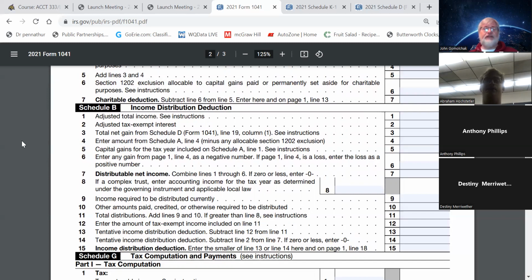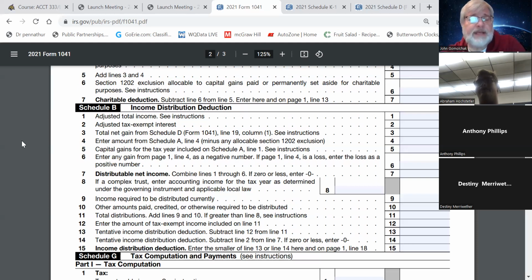And if it is a pass-through entity, then what happens is we've distributed the income from the trust or estate to one or more of the beneficiaries. And by doing that distribution of income, we actually get a deduction for that. We saw on the first page that we do have, on line, whatever it was, a deduction for distributions to beneficiaries. And that is calculated here on Schedule B.